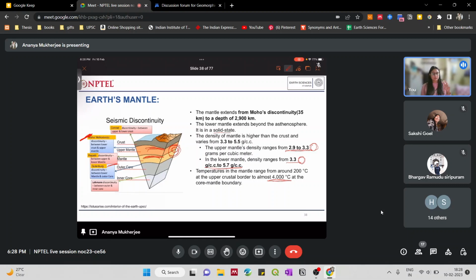We will study this in detail in the coming slides. But it's important for us to know how the mantle is layered, its relation to the asthenosphere, and its position just below the lithosphere. So the mantle is where the driving forces actually occur.